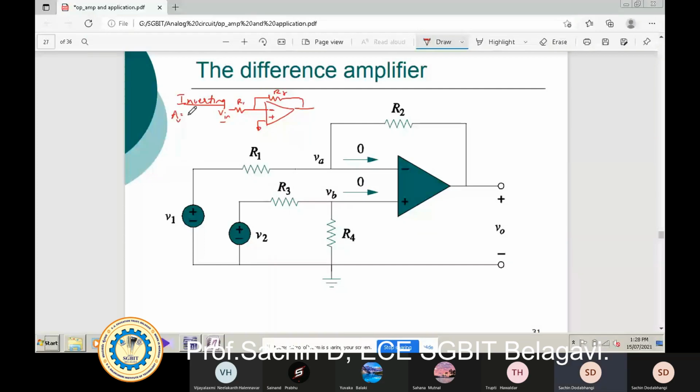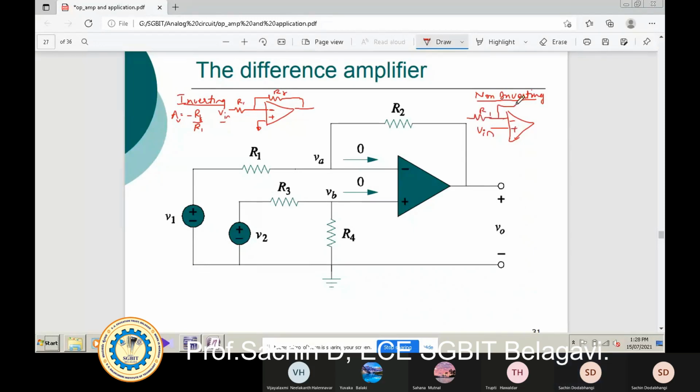And on this side I will draw the non-inverting amplifier. There are two configurations for an op-amp, one is inverting, the other is non-inverting. In non-inverting, this is plus, this is minus, and I will give the input to the non-inverting terminal, whereas for the inverting terminal I will take the same R1 and RF, here is my output, and this R1 is connected to ground.